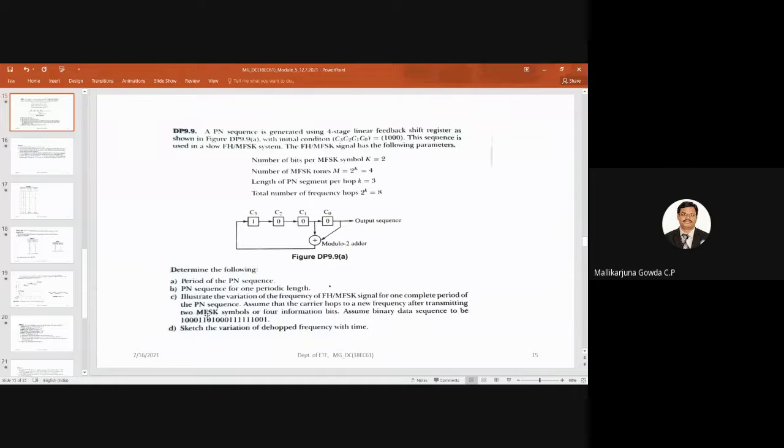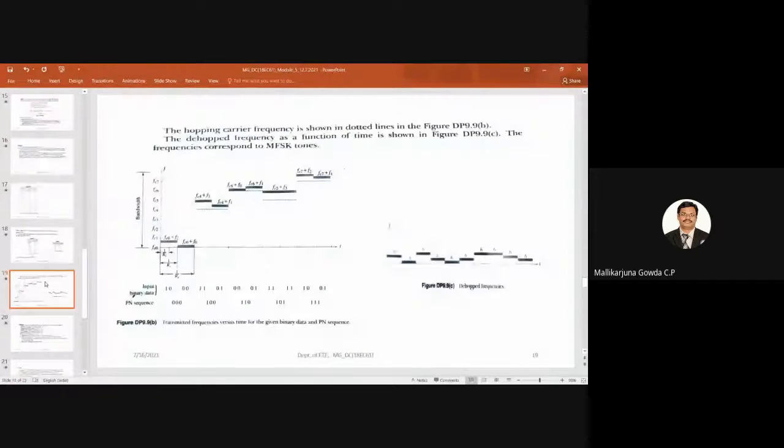This is my input binary data. I need to make groups of 2 bits as one symbol, which is what is done here.